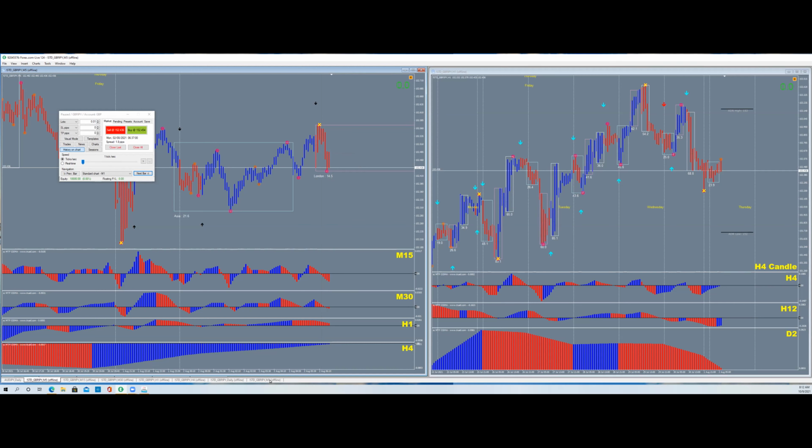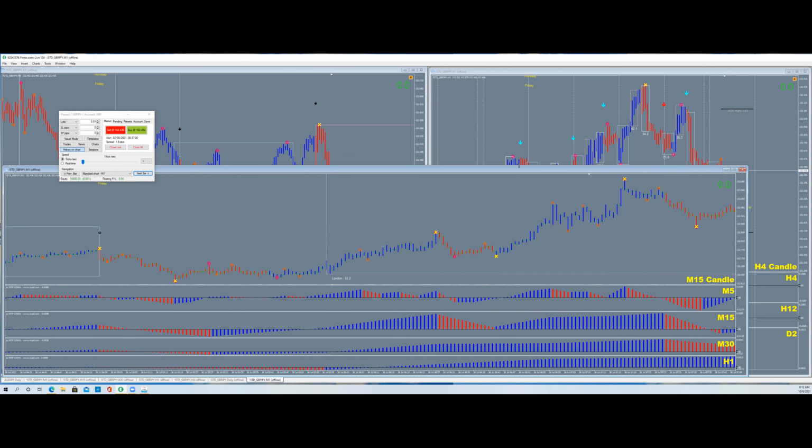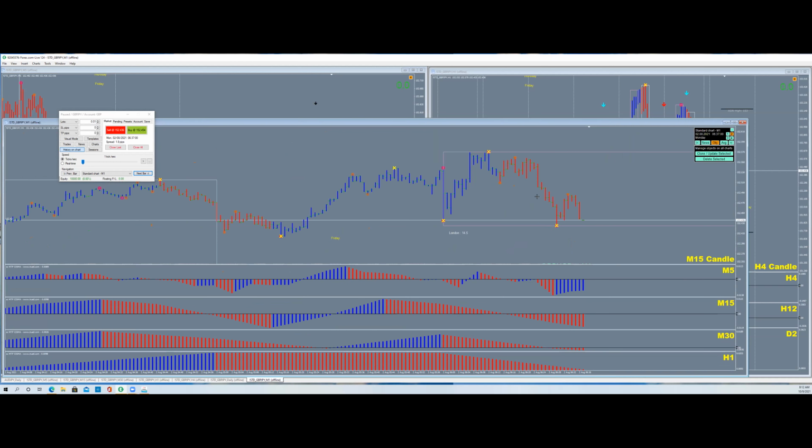And for illustration purpose, let me just put this up, template, load template. I think you can. Yes, okay. And if we're on the 1 minute, you'll have your trade, everything synced up right here and right here.